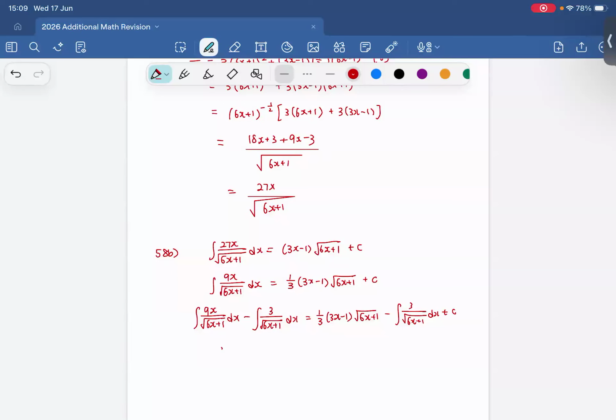Okay, then this side will combine and become this. Okay, now what I need you to do, integrate this and then simplify.